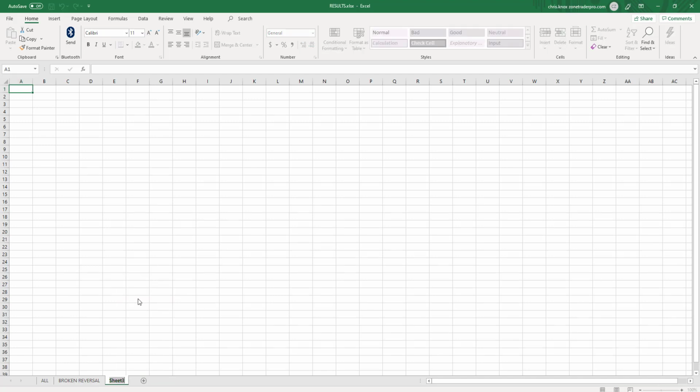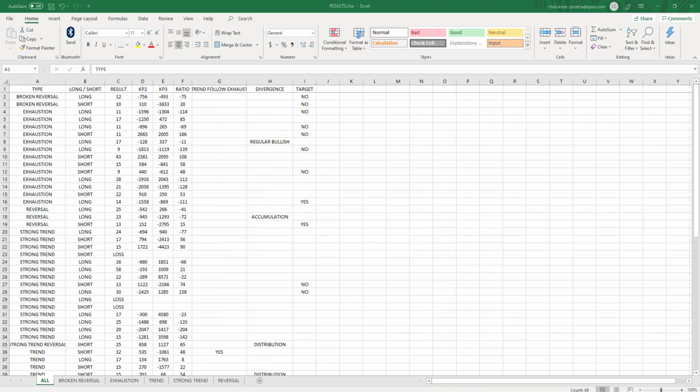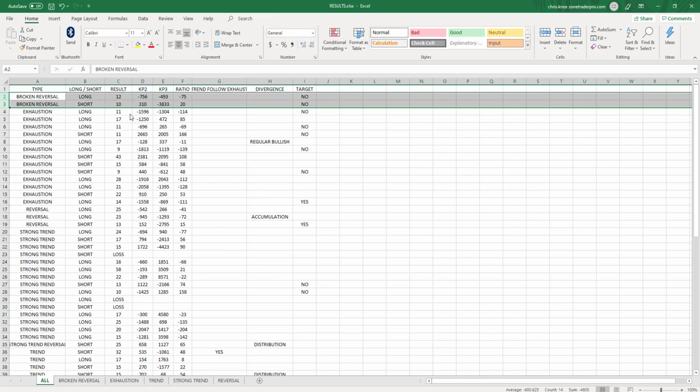Sheet 3, Exhaustion. Sheet 4 is Trend. Sheet 5 is Strong Trend. Sheet 6 is Reversal. Okay, now that that is done, what I want to do is copy and paste here.